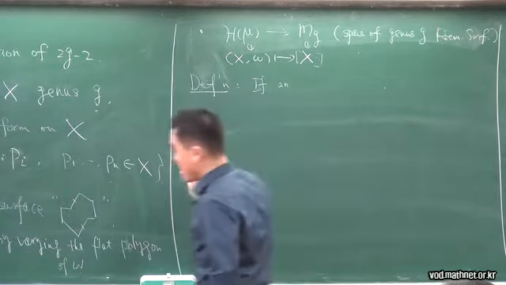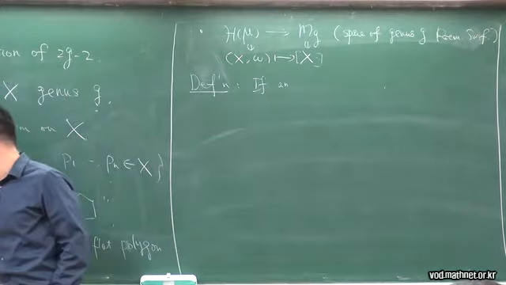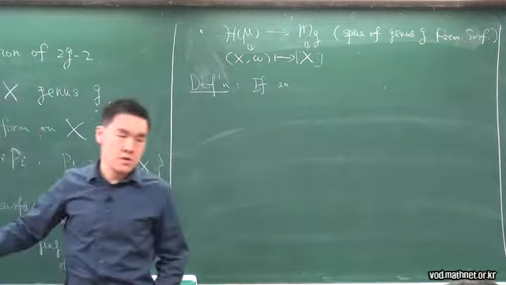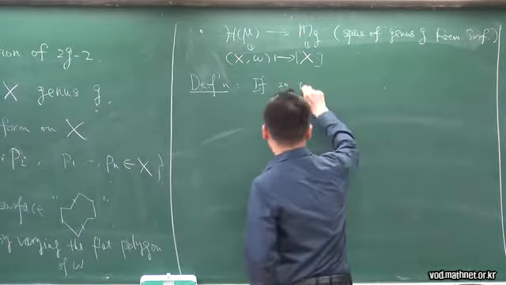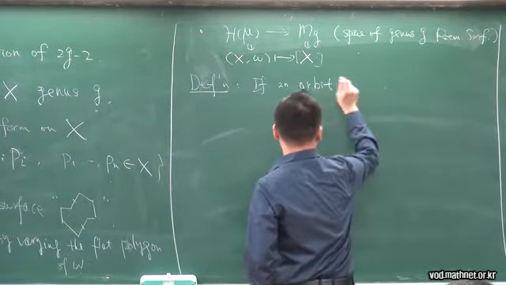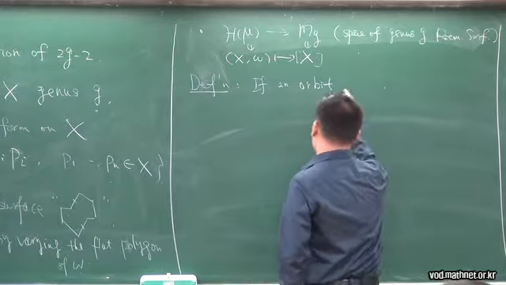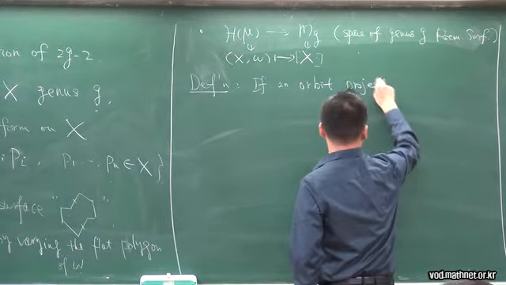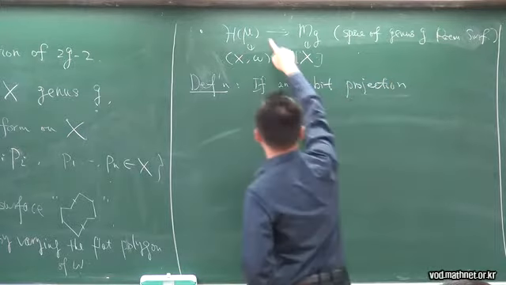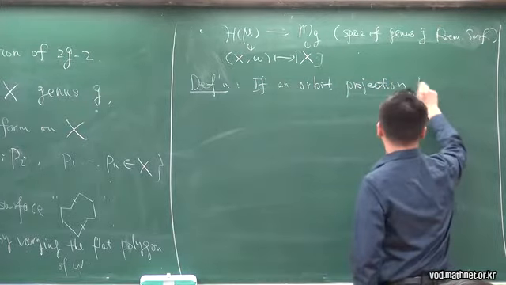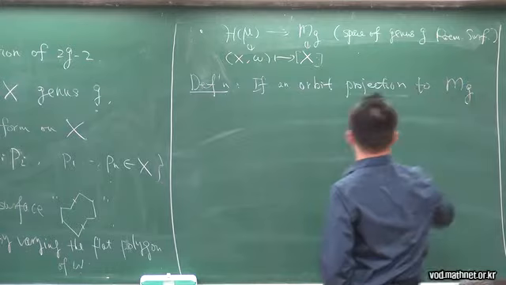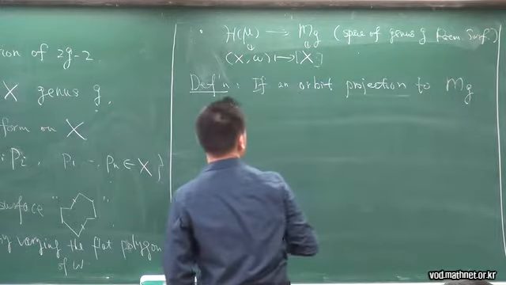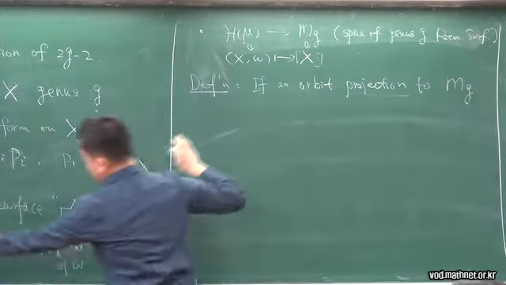From now on, when I say orbit, it just means an orbit under this GL2R action. If an orbit projection, where projection refers to this projection to M_g, so the orbit lives here, right? Because this is where the action is.